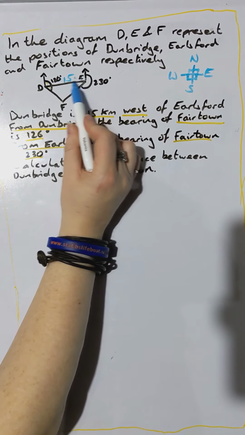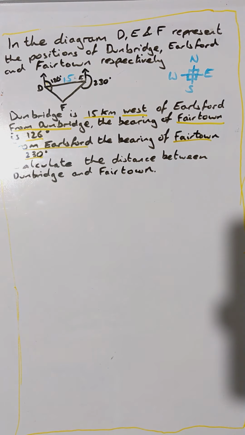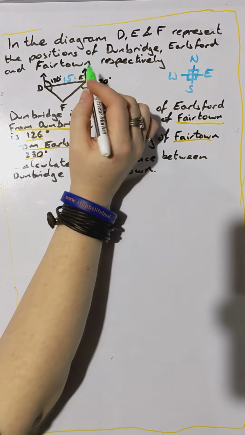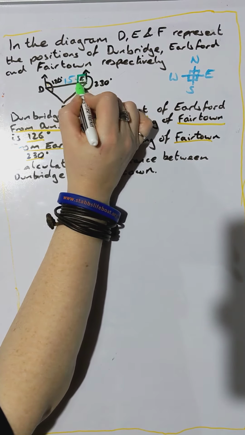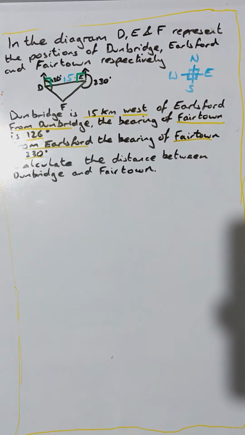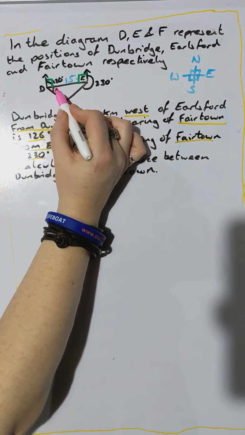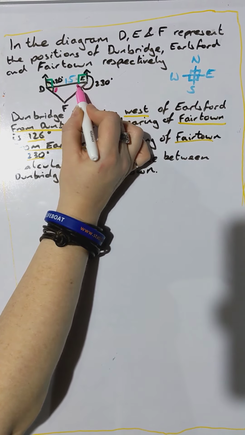There's Earlsford, we're going to the left. That tells us a couple of useful information bits. It tells us this is a right angle, and it tells us this is a right angle. That lets us work out this angle and this angle.